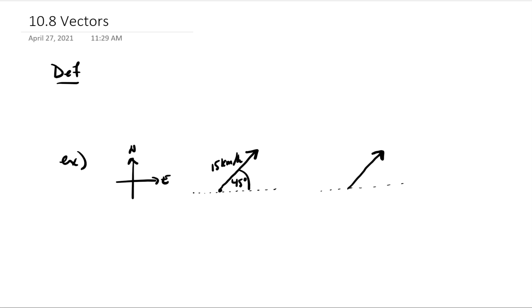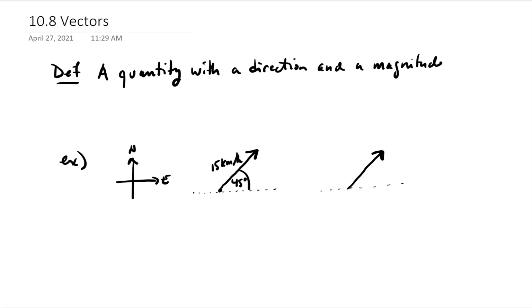So a vector is essentially going to be represented with an arrow, and it's basically going to be a quantity that has a direction and a magnitude. So we'll write that down. A quantity with a direction and a magnitude is a vector.